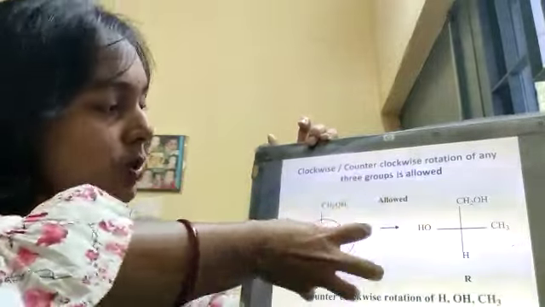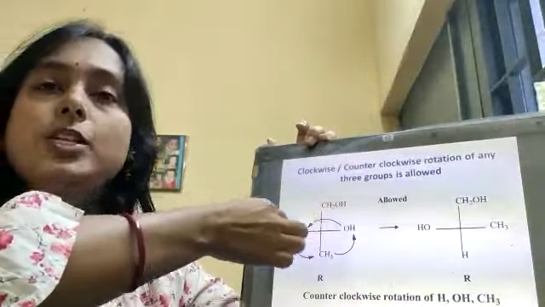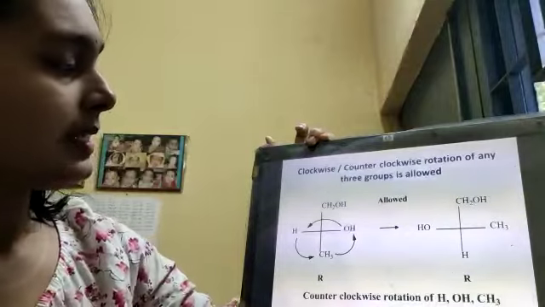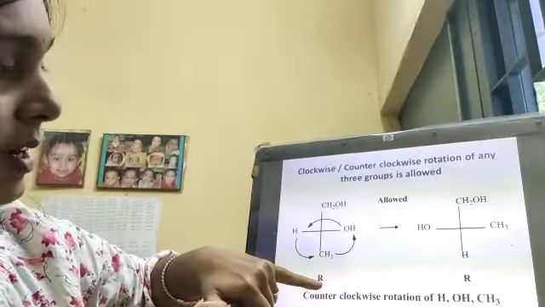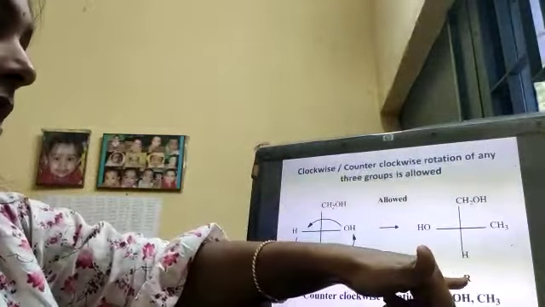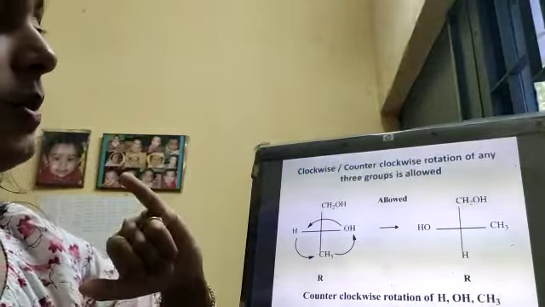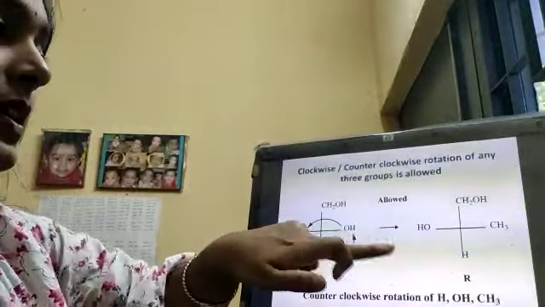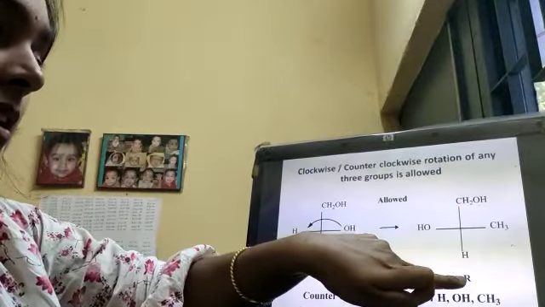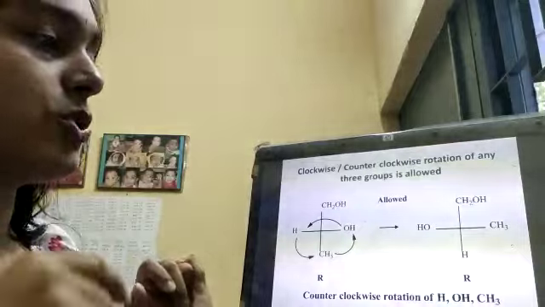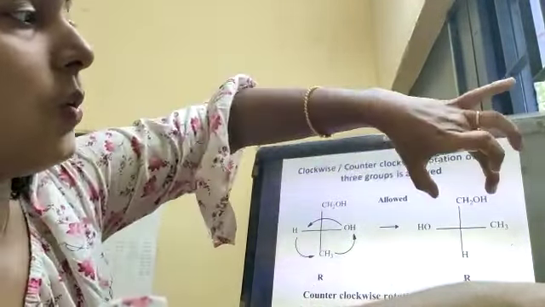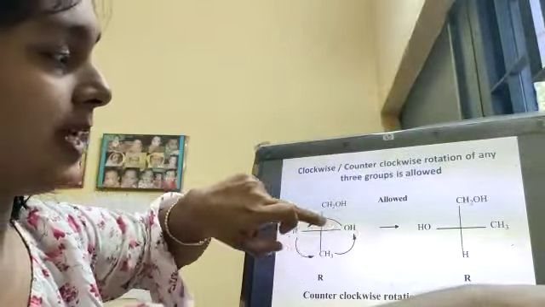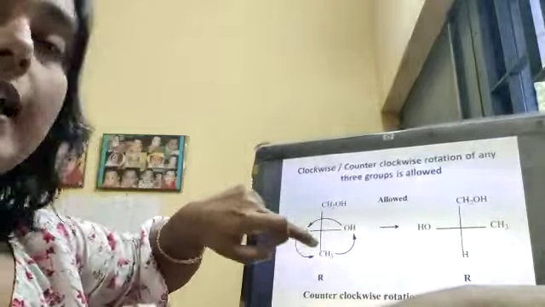So alternatively, the three will be changing. So this rotation is also allowed. So the first one configuration was R. The last one, after clockwise or counterclockwise rotation of any three groups, remains that configuration, also R. So it is also allowed. And here the CH2OH, we have not done anything with this group. Only the operation is with three groups, H, OH and CH3.